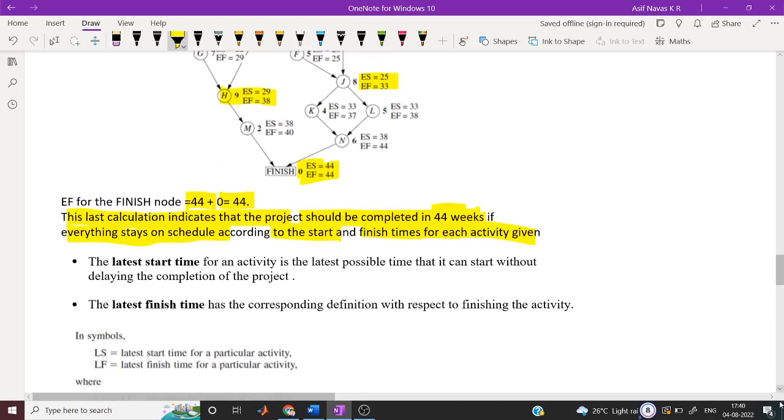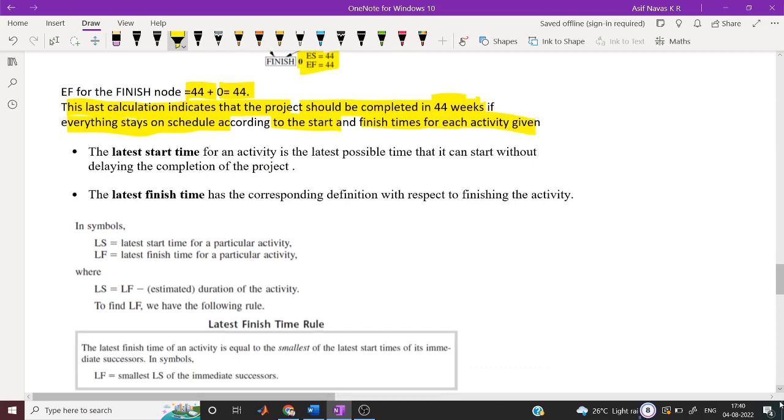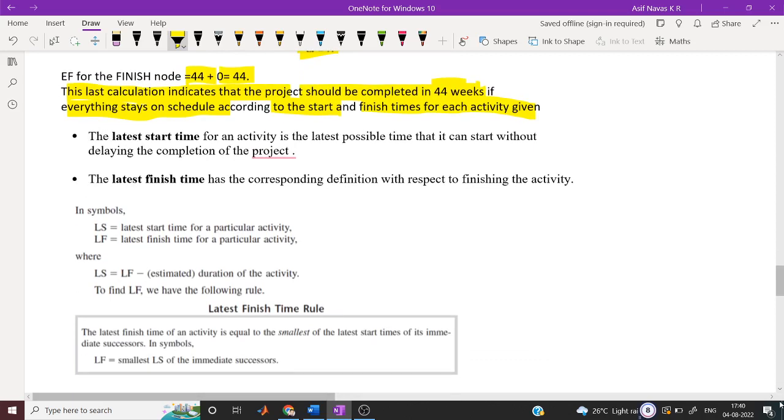Now there is one more thing. Latest start time for an activity is the latest possible time that it can start without delaying the completion of the project. The latest finish time has a corresponding definition with respect to the finish.